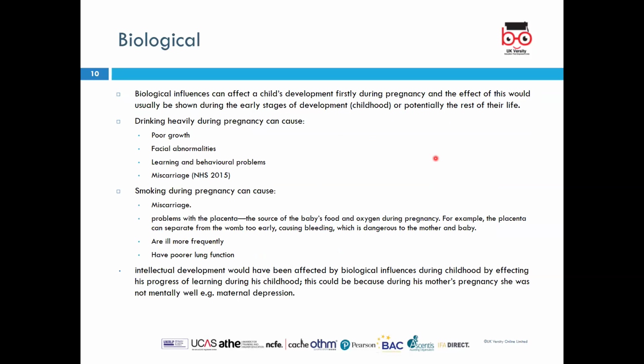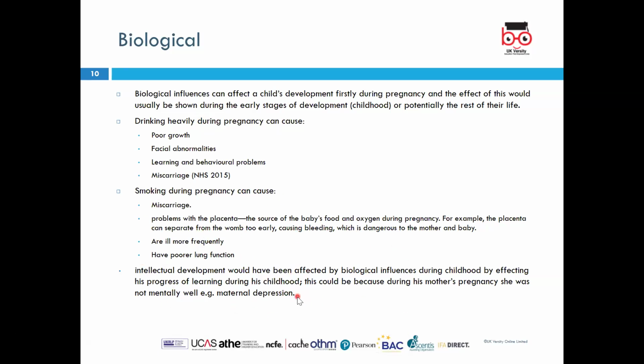Biological influence is that which can impact the child's development, firstly during pregnancy. Drinking heavily during pregnancy and smoking during pregnancy can have negative impacts. All of these are mentioned over here, and this is very well known through research, so it's not something that is not known.